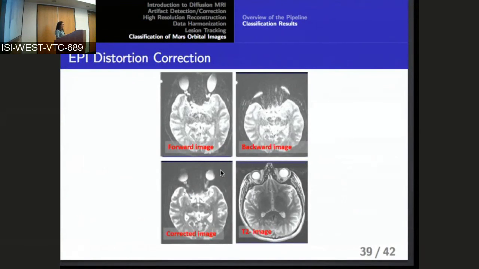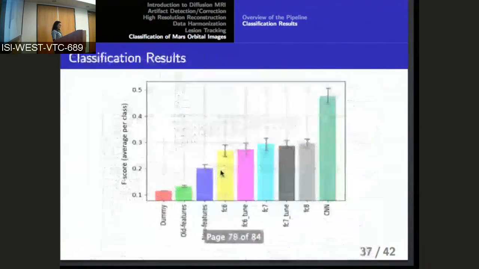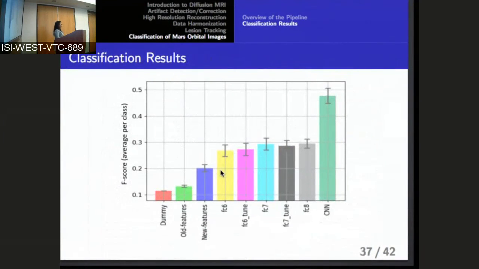Can you go back to your bar chart for this one? I'm just curious about the gray versus the green bars, the last two. This is basically FC8 features, minus the last layer, fed into a classical classifier. Can you explain the jump between these two? Because if you're using the same... Actually, it's an excellent question.